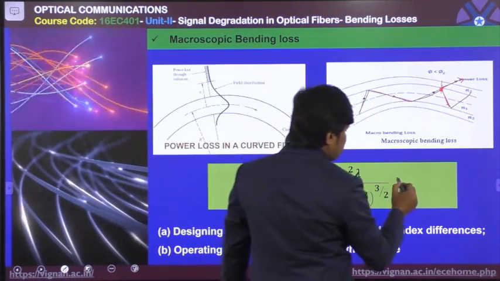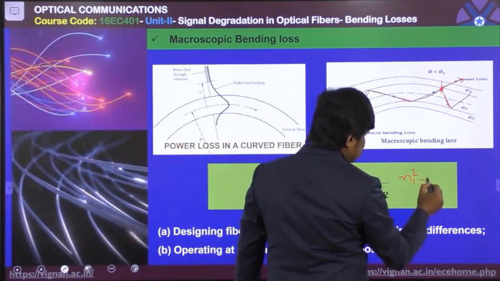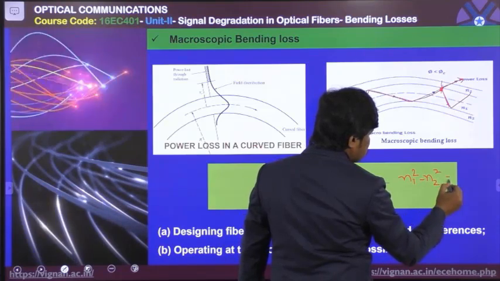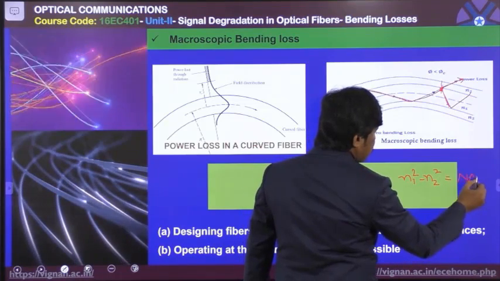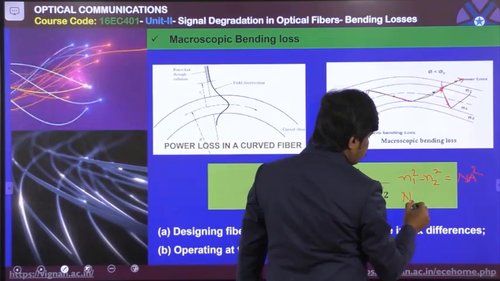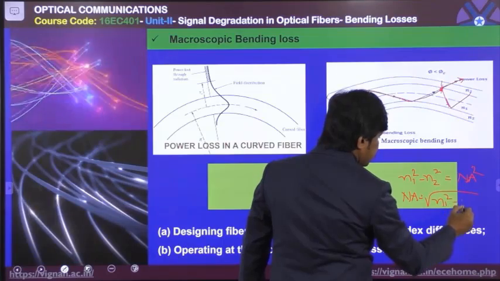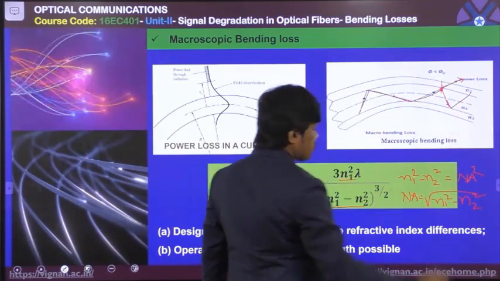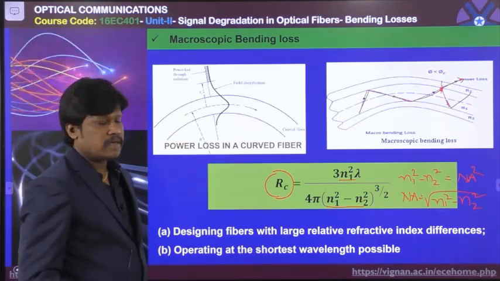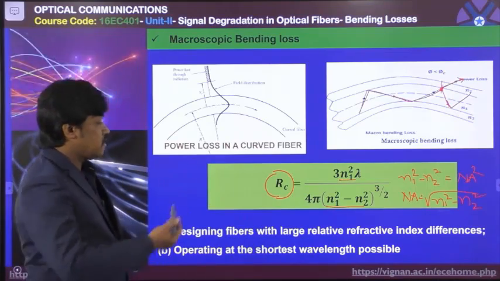We know that the numerical aperture is equal to square root of n1 square minus n2 square.